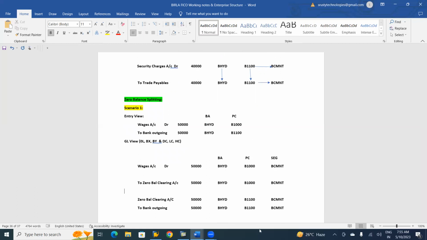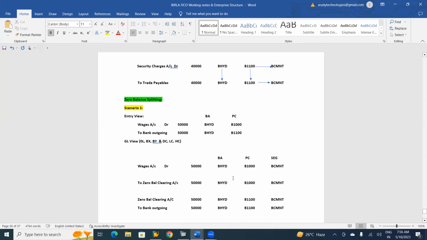So when we create the zero balance clearing account, we won't give this entry. We will give only this particular entry. That's it. But automatically the system will create this entry, like wages account debited, because the profit centers are not equal.